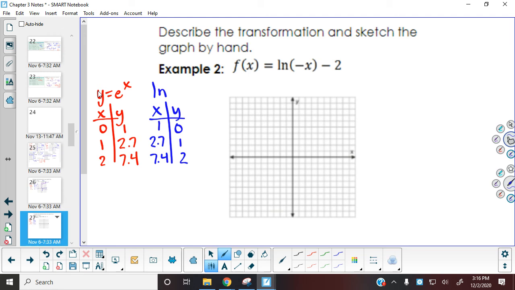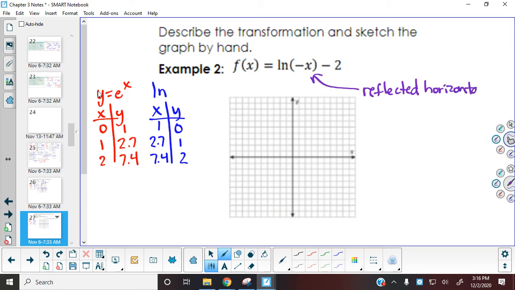So again, I can graph that if I want, or I can go ahead, and this is not how I did the last one. I can do my transformations and do it just in my chart and then graph that. So my negative in front of the x, or attached to the x, is reflected horizontally.